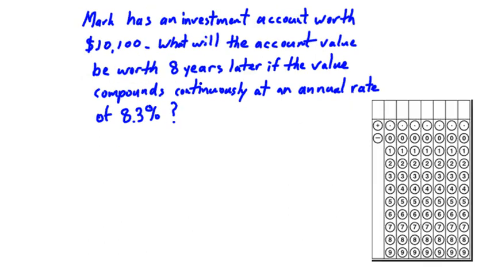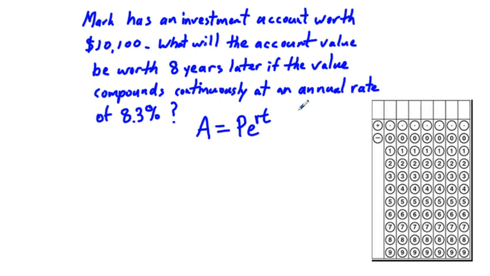Mark has an investment account worth $10,100. What would the account value be worth 8 years later if the value compounds continuously at an annual rate of 8.3%? This is the continuous one: A, the amount, equals the principal times e to the power of rt.